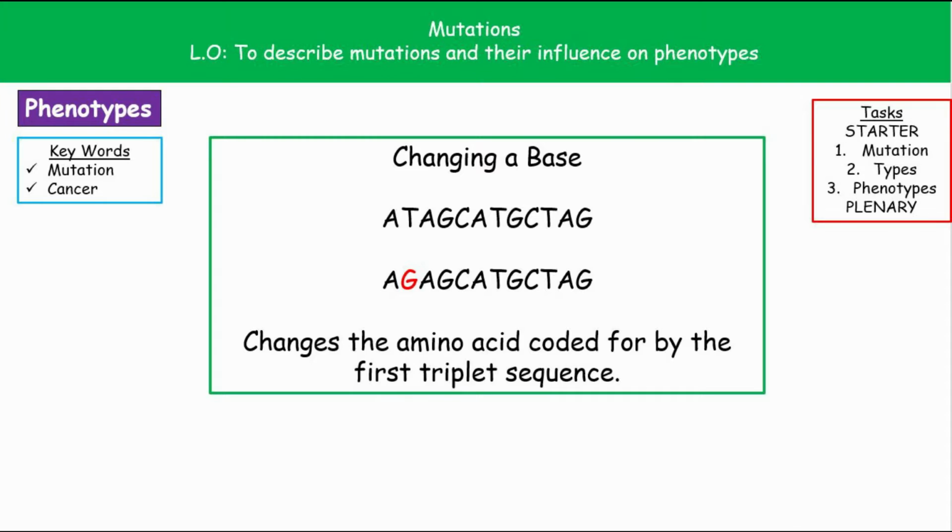And that means it's not going to code for the same amino acid, necessarily. Amino acids have more than one triplet code, but it can be that we've changed it to a completely different amino acid here. So we've modified that one triplet, which could mean that we've changed the amino acid it's coded for. So that one amino acid will change, which could obviously have significant impacts on the protein. So that's our first one.